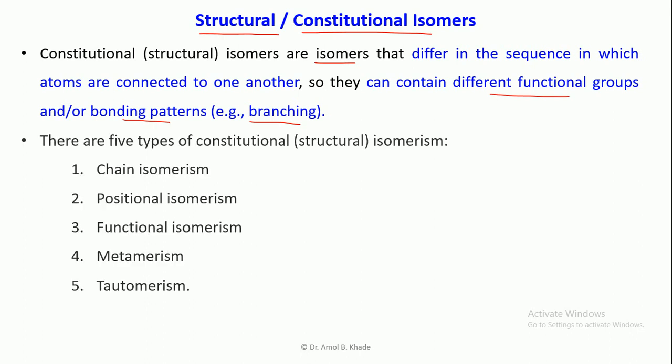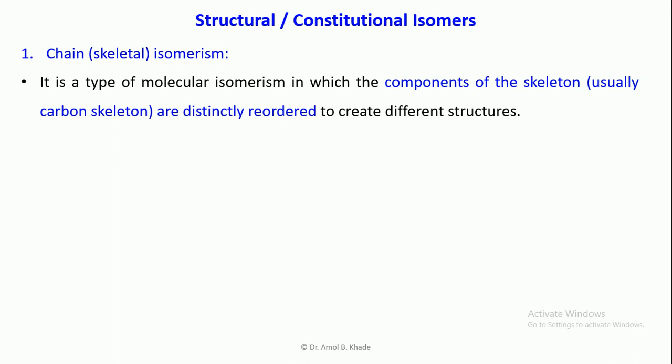So I told you there are 5 types of structural isomer: chain isomer, positional isomer, functional group isomerism, metamerism and tautomerism. We'll see them one by one in detail. The first one is referred to as chain, or skeletal, isomerism.